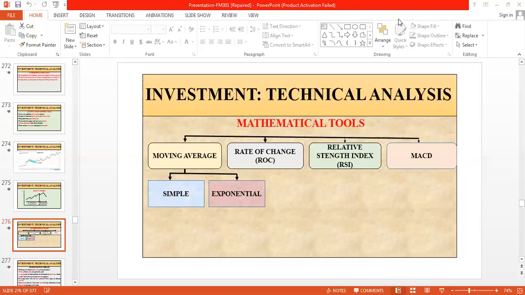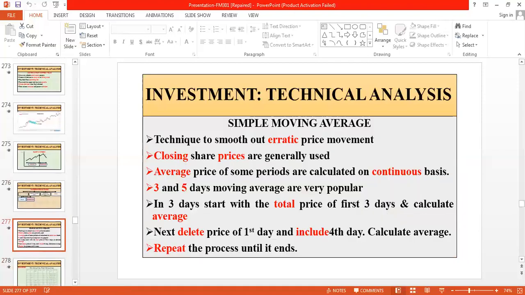Now the question is, what is moving average? Average, we know, is simply the summation of a few observations divided by the total number of observations. So if 5 observations are there, you add the 5 observations and divide by 5, and you get the simple average. But in moving average, we will not take the actual observations given.